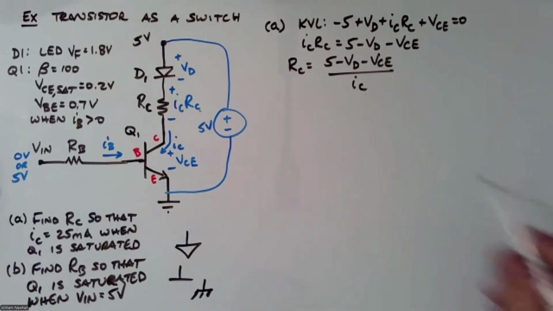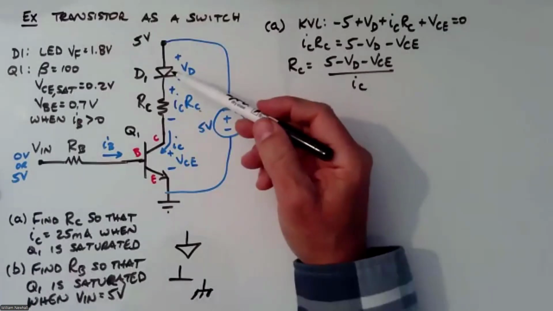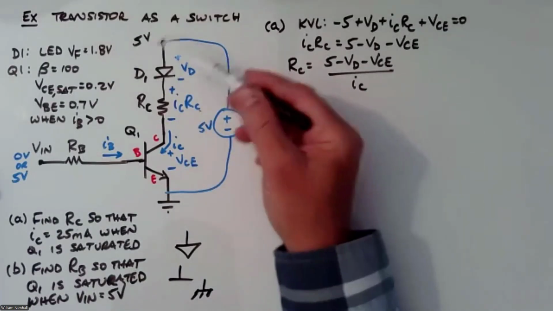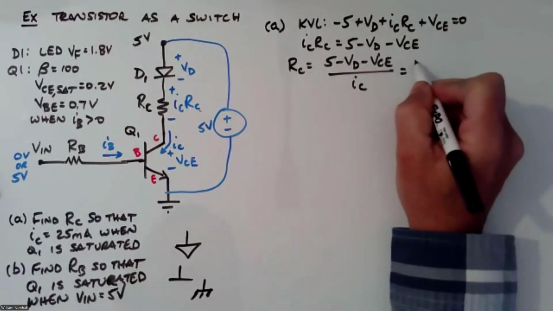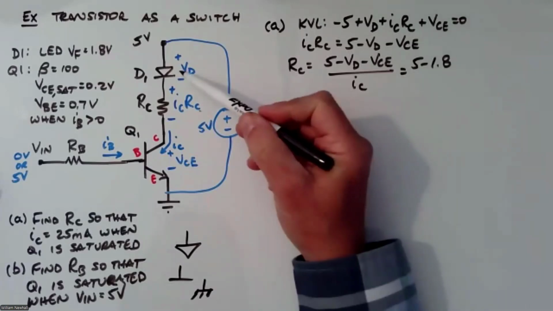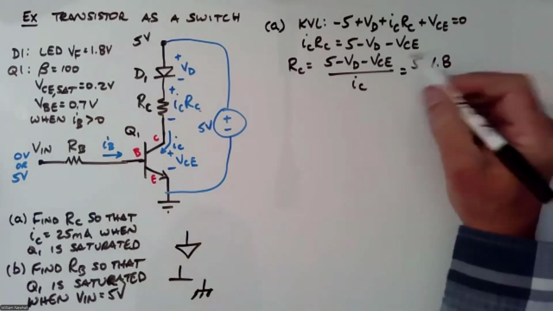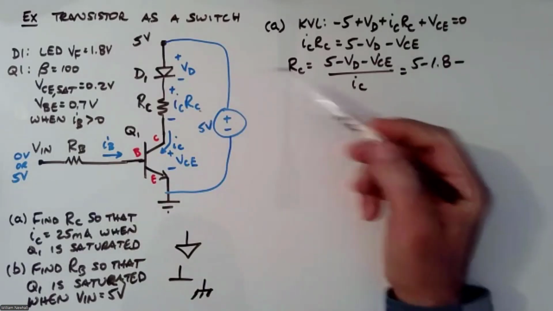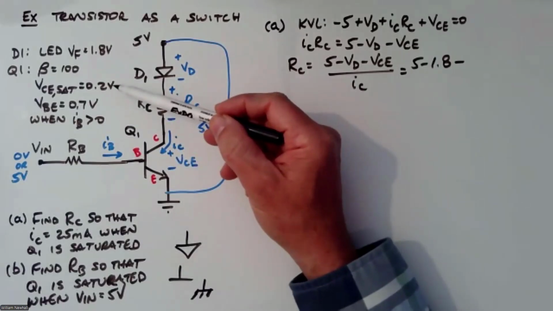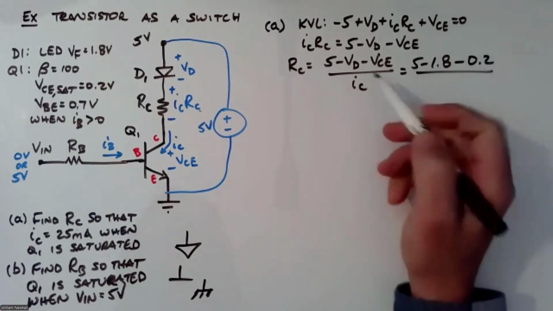We know VD. VD is the forward voltage of this diode when current is flowing through it. So this is 5 minus 1.8, the diode forward voltage, minus VCE. Well, the transistor is saturated, so VCE saturation is 0.2, divided by IC.